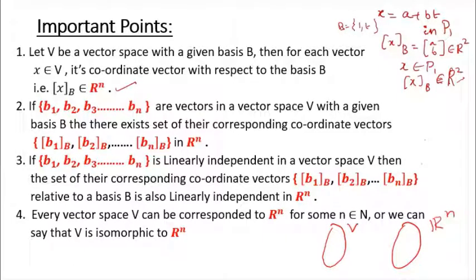This may be a vector space of polynomials, vector space of real numbers, vector space of complex numbers, anything it can be. But then for any vector x you take here, its coordinate vector with respect to some basis will be in Rn, and this V is isomorphic to Rn.